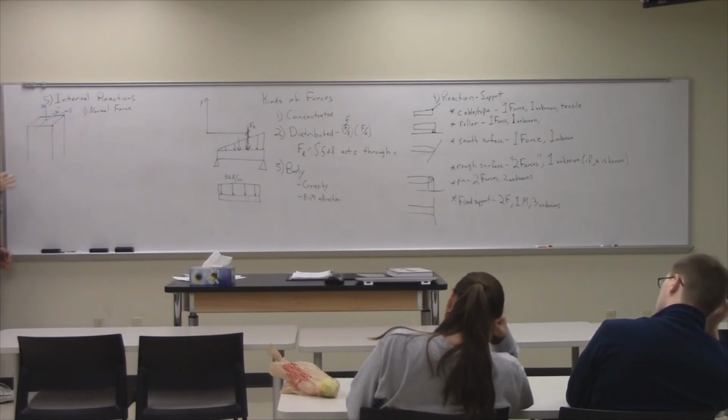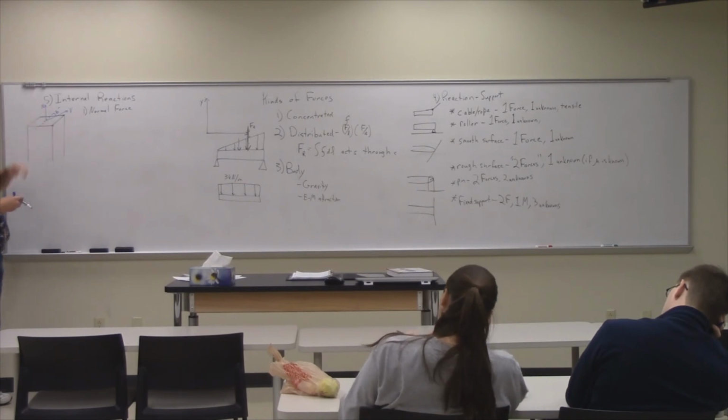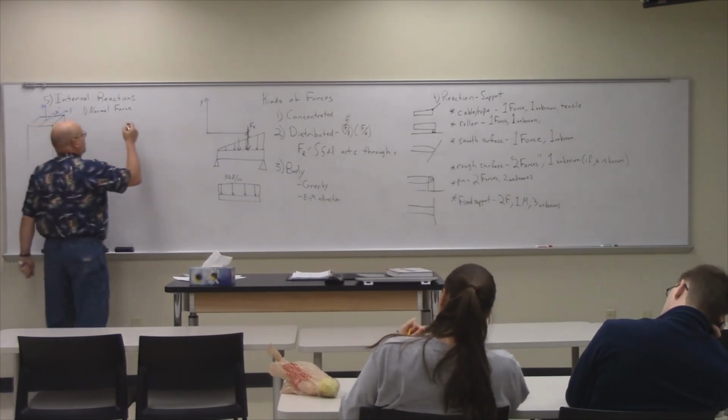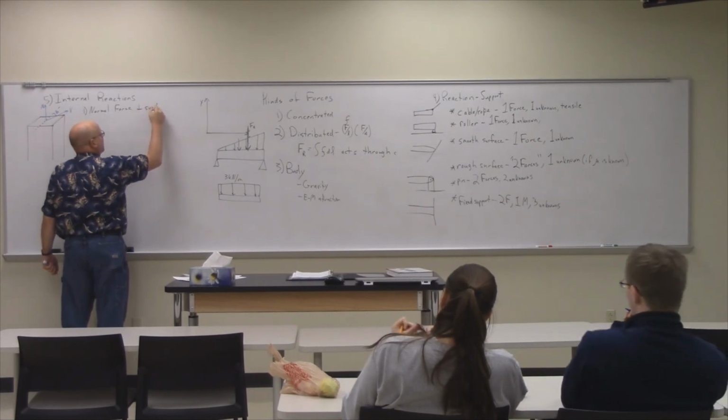If this is a beam that has some external forces applied to it, and I cut it off, if it's in equilibrium, then there has to be an internal force here to balance the externally applied forces. You guys remember that process? So if there's an externally applied normal force, then there has to be an internal reaction normal force, perpendicular to the surface.